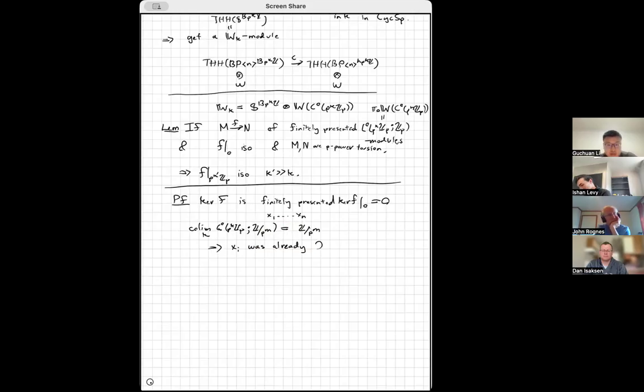So you learn that xi was already zero if you restrict to p^k Zp for k sufficiently large. And so it tells you that this is injective for k sufficiently large, for k prime sufficiently large. But then the same argument works for the cokernel. So similarly for the cokernel.